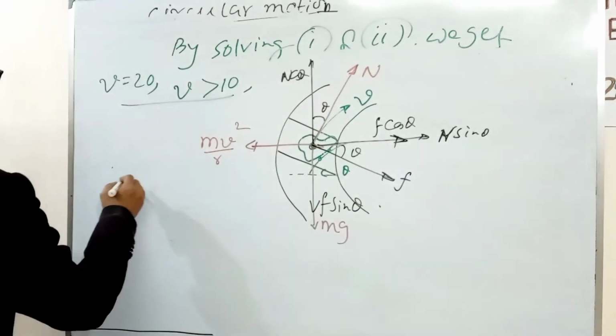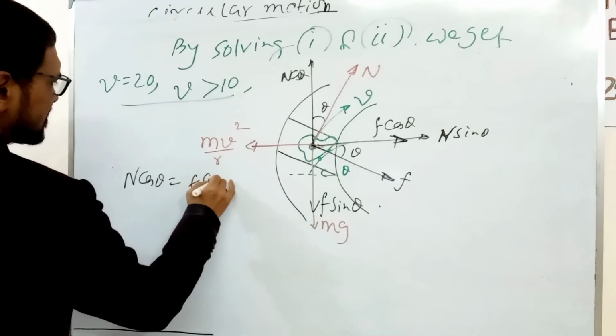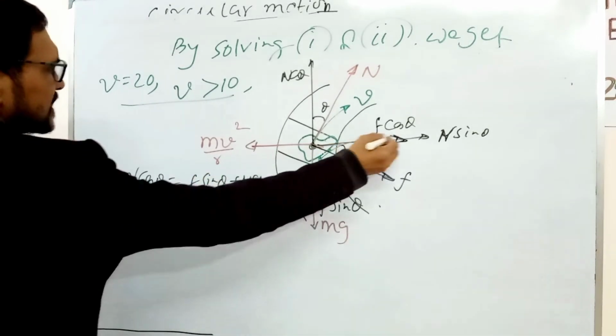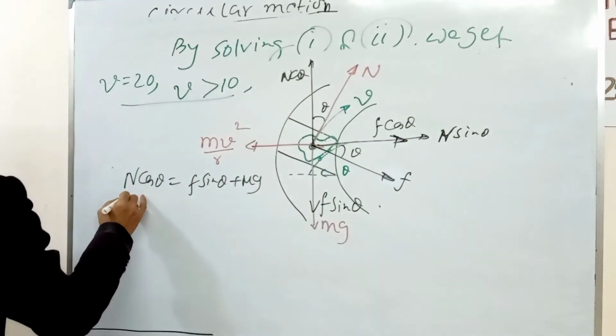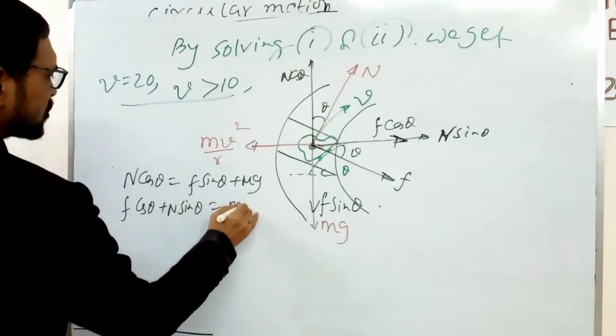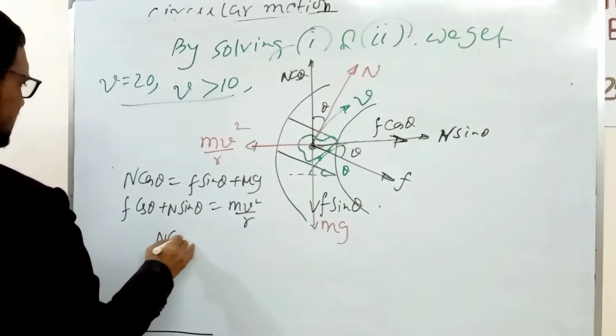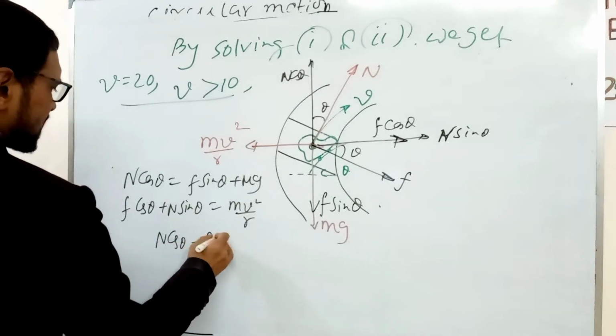So here n cos theta balances f sin theta plus mg, and f cos theta plus n sin theta balances mv square by r. So n cos theta minus f sin theta.